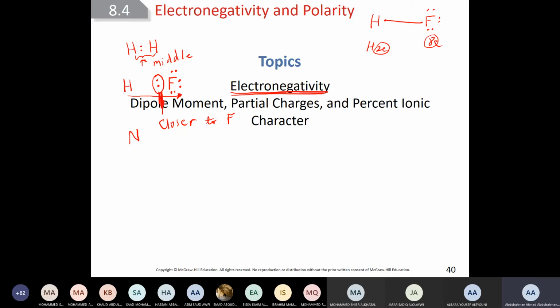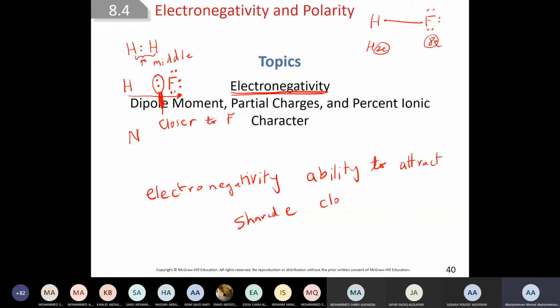So I now want to define what electronegativity is. I want you to memorize the name, electronegativity. Electronegativity is the ability to attract shared electrons closer to an atom.